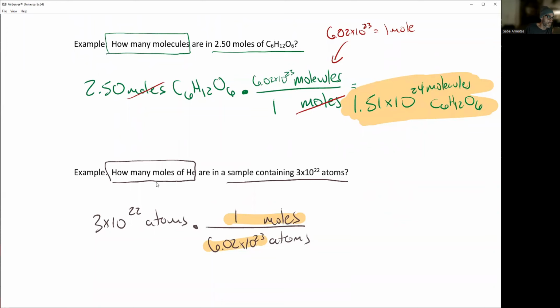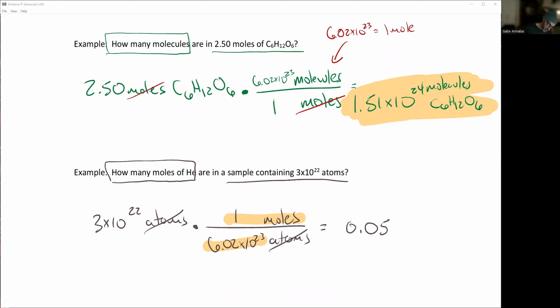So in this case, it's 3 EXP 22 divided by 6.02 times 10 to the 23rd. So you end up with a value of 0.05.